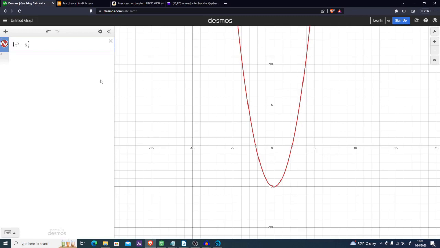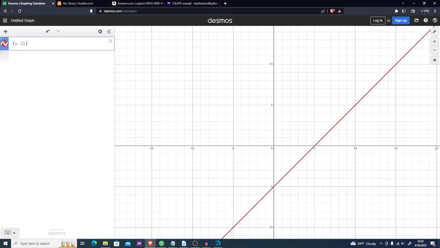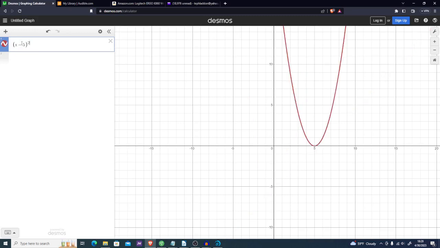We're only dealing with time here, but this is a good example of how shifting works. And this is very basic junior high school algebra. So let's go ahead and square this again. Let's go ahead and move the parabola back.